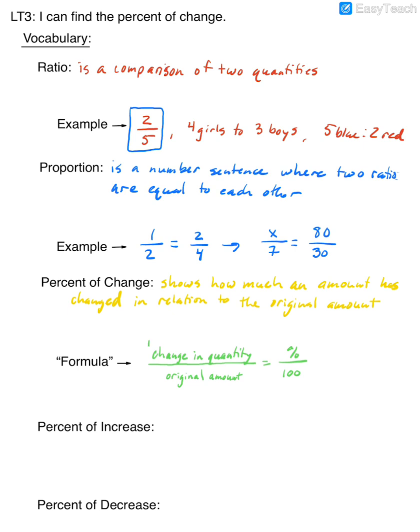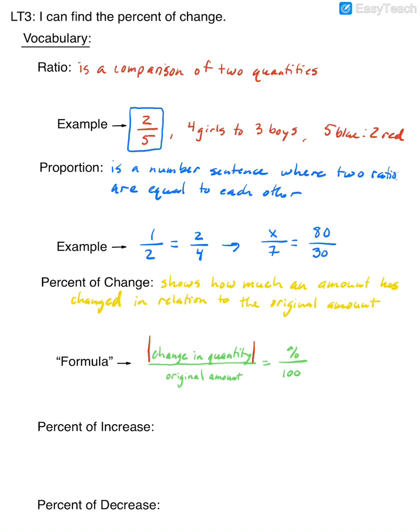So this is where we're going to involve what we've already learned, and we're going to have absolute value bars here. Let me make these different colors so you can see them better. Okay, so we're going to take the absolute value of that change, because when we're looking for percent, we don't really want to look at a negative percent. We want to just state what the percent of change is, whether that's an increase or decrease.